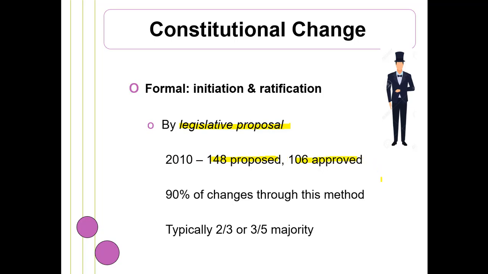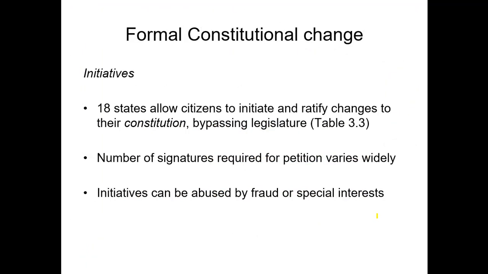That shows you how active the changes are at the state level on these constitutions, where on the federal level it may never change again when you look at how difficult it is to change. So obviously the vast majority of changes to constitutions are through this method, and much like the federal level, it requires a supermajority, 2/3 or 3/5 majority, in order to make those changes in the state constitution.